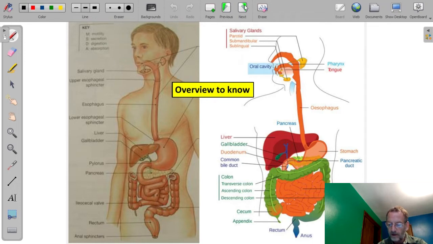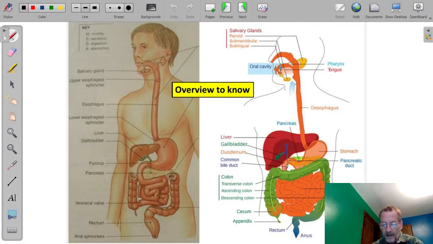So let's run through the slide together on the right, showing the alimentary canal, this digestive system, and salivary glands. There are 3 of them. We'll go through these in a little more detail later, but this is an introduction to the whole system.